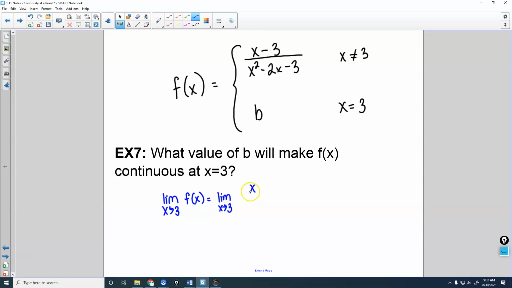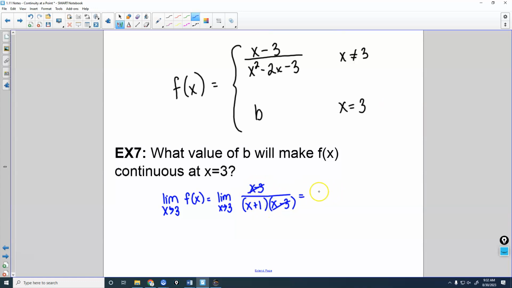I'm going to have x minus 3 on the top. I'm going to factor that denominator. Jeremy, how's that factor for me? We've got to multiply to get -3, add or subtract to get -2: x plus 1 times x minus 3. And so these would cancel.